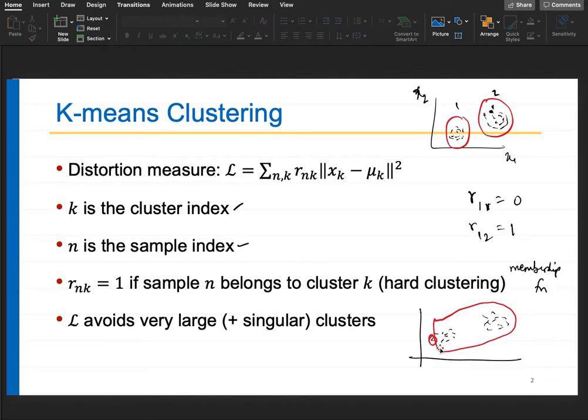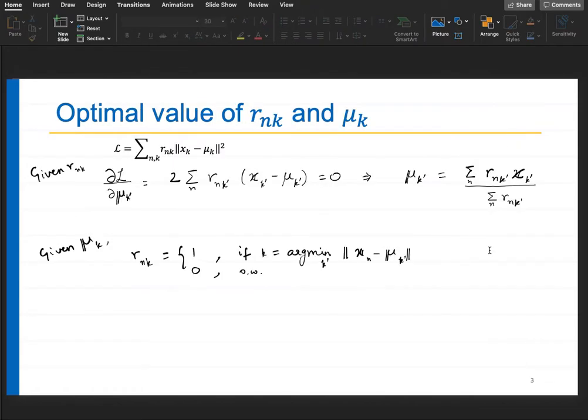So that is why I designed my distortion measure in this way, which will penalize. It will say do not do this, because in that case my x minus mu k for this cluster will become very large. Although for this cluster it will be very small, for this cluster it will be very large. So on an average, when you sum over all of them, the whole thing will be very large, right? So that's the idea of k-means clustering.